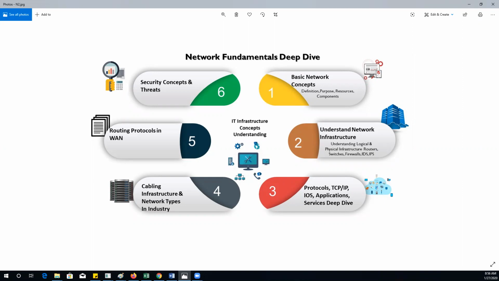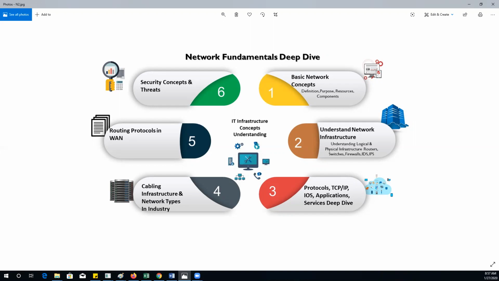We are going to divide our course into six major components. Number one is called basic network concept. Before understanding any industry, from school life to college life, you know that when you want to understand any industry or any technology, the starting point is that you need to understand the basic definition, purpose, and other basic components of that specific industry.